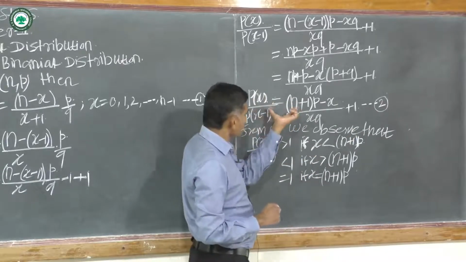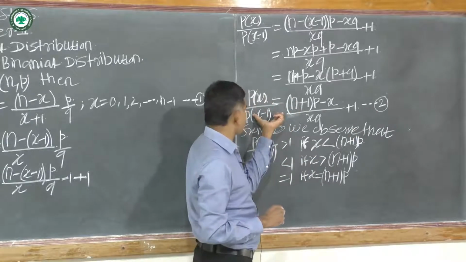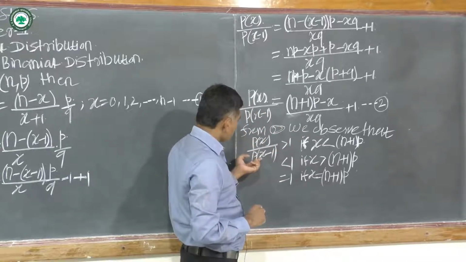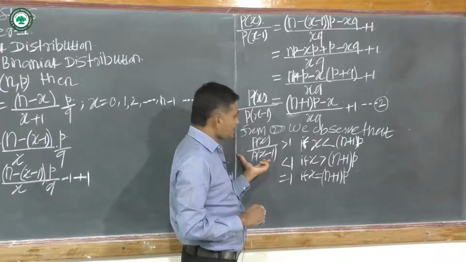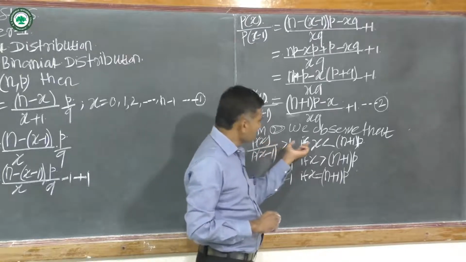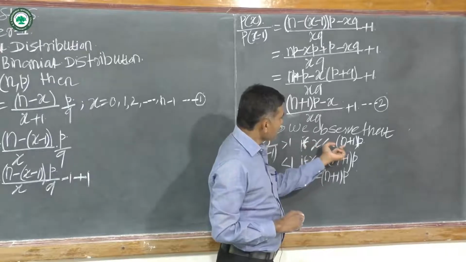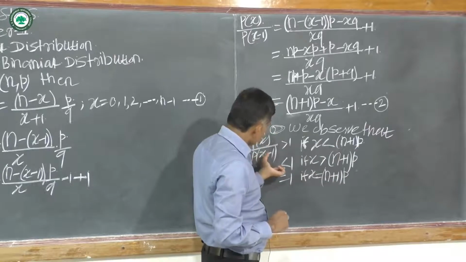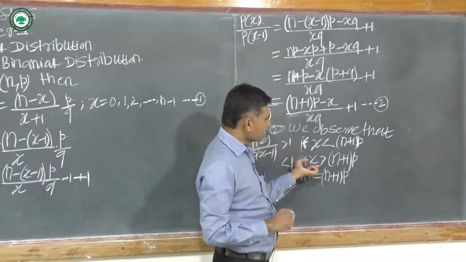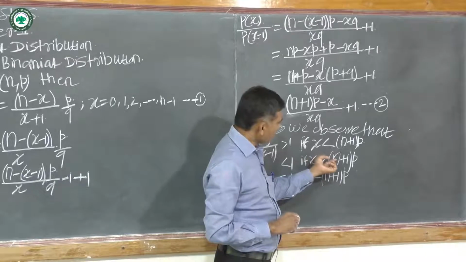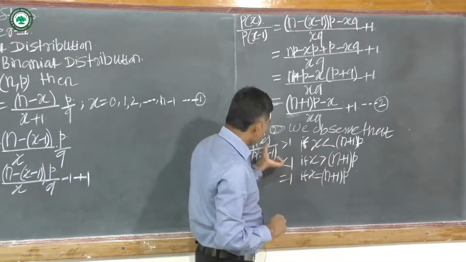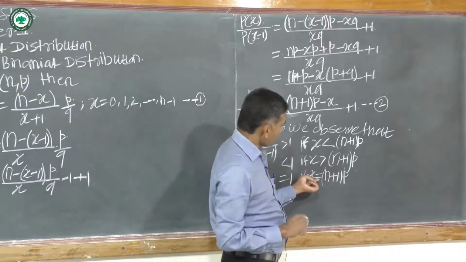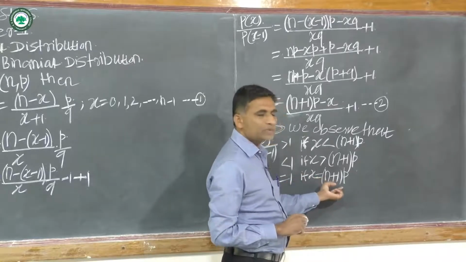Now from this equation 2 we observe that this ratio P of x upon P of x minus 1 is greater than 1 if x is less than (n plus 1) into p, this ratio is less than 1 if x is greater than (n plus 1) into p, and this ratio is equal to 1 if x is equal to (n plus 1) into p.